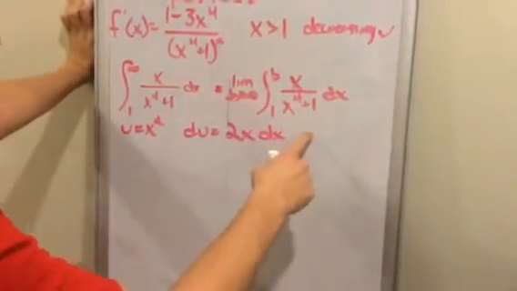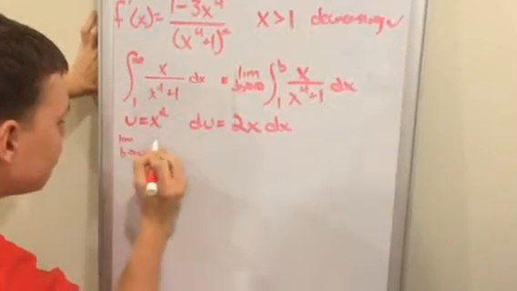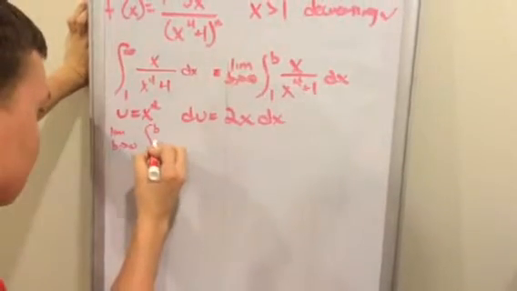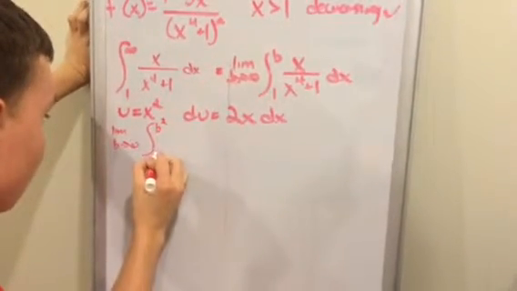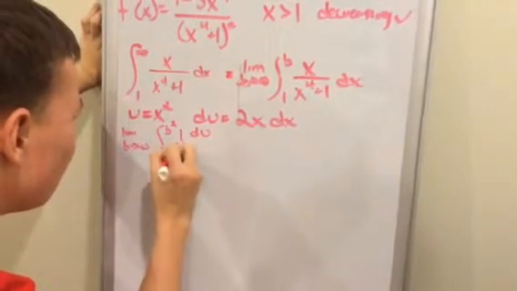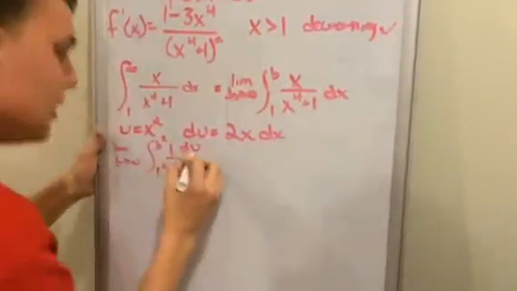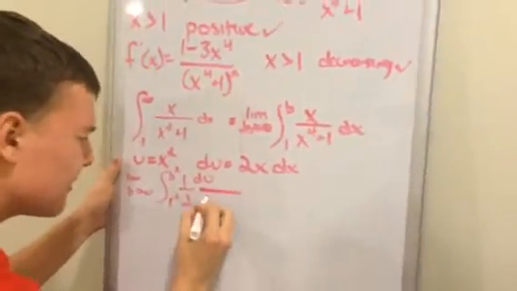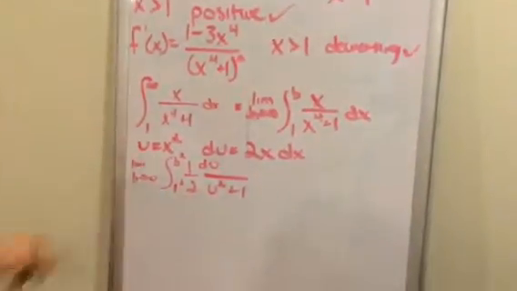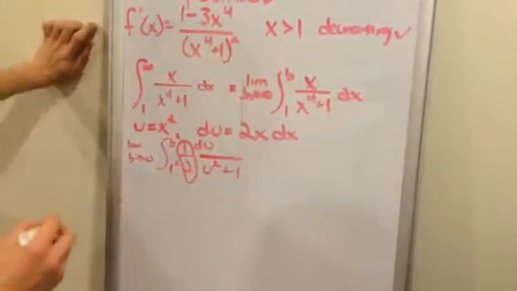So figuring that out, we find the limit as b goes to infinity of the integral from 1 to b of x over u squared plus 1, where du is 2x dx, so we get 1/2 du over u squared plus 1, and we can pull the 1/2 out to the front.